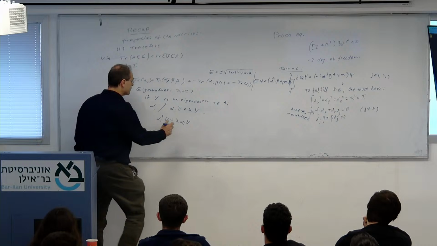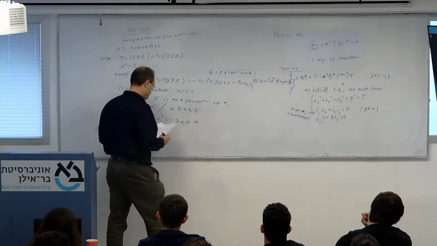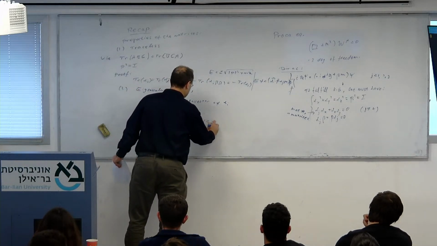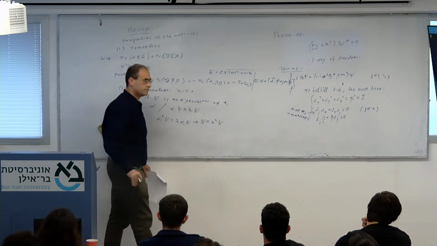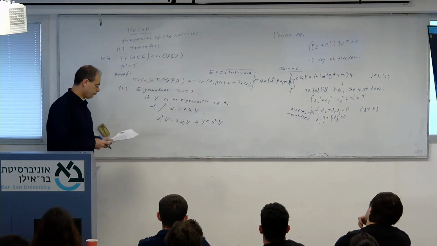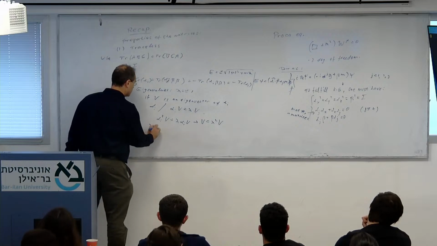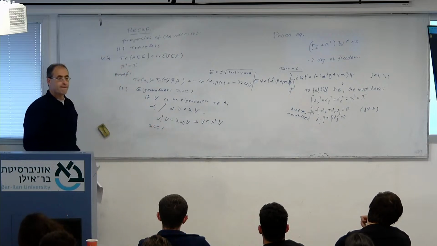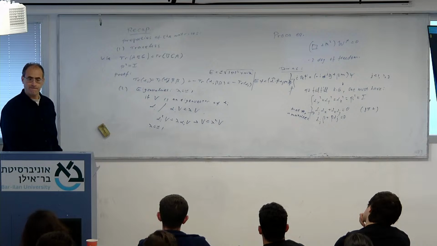I. So we have here V equals lambda squared V, from which lambda is equal to plus minus 1.